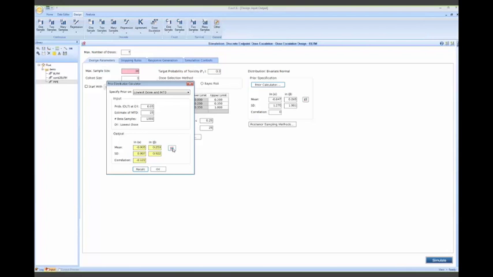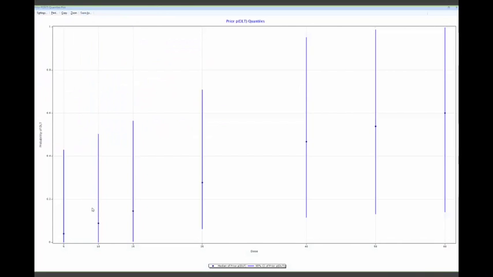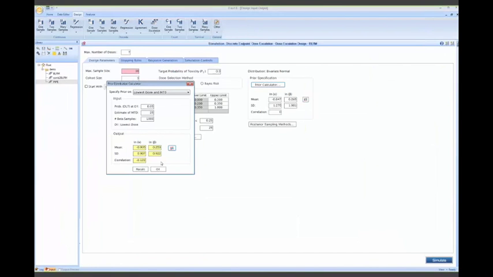You can also visualize a chart of the 95% prior credible intervals for the probability of a DLT at each dose level. So that shows you where you are with respect to the prior distribution.